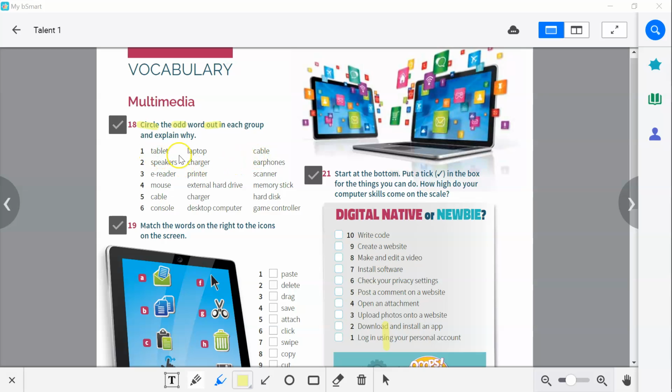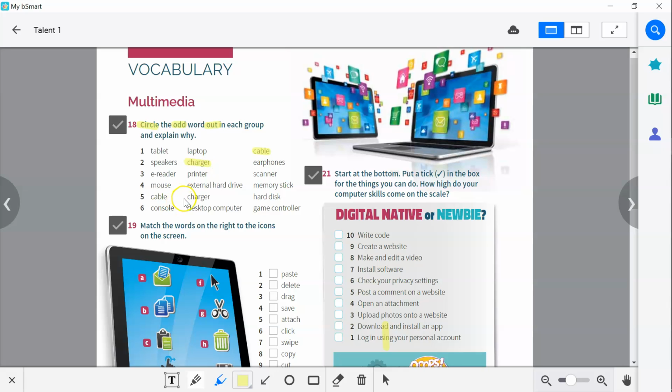In the first line, we have to circle out cable because it is not a device. In line 2, we have to circle out charger because it is not for communication, for listening.